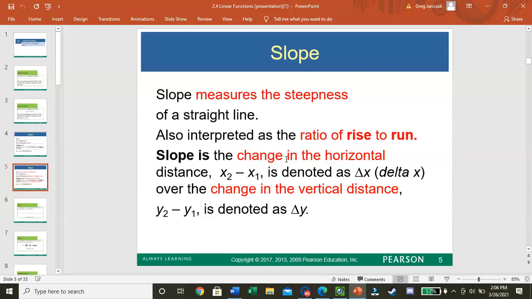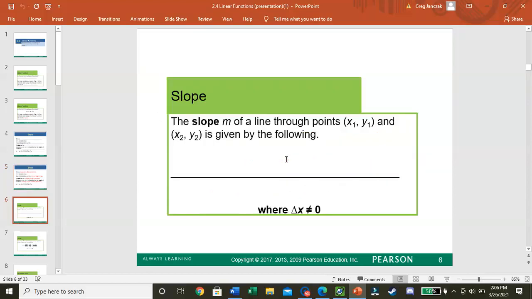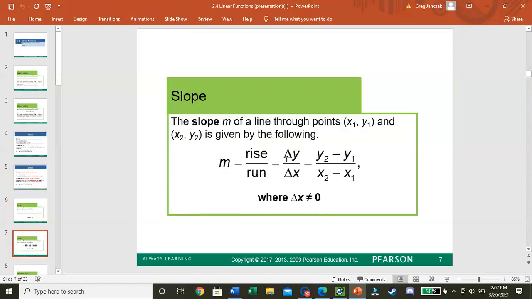Slope is a change in the vertical over a change in the horizontal, like what we were talking about going down the mountains. The change in the vertical is delta y over the change in the horizontal, delta x. Okay, slope is rise over run.